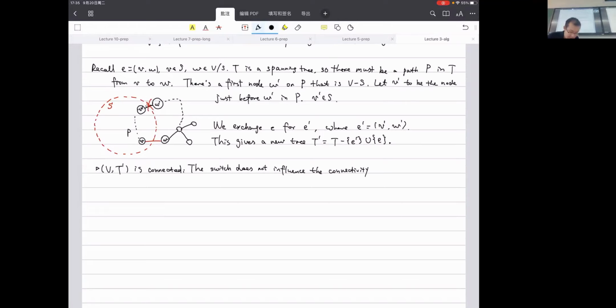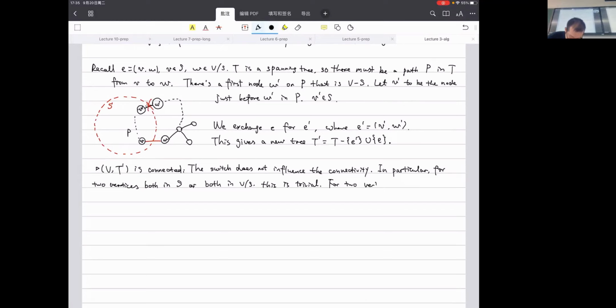In particular, when we talk about connectivity, it's basically about two vertices and whether there are paths between these two vertices. In particular, for two vertices both in S or both in V over S, this is just trivial because the switch does not influence this.